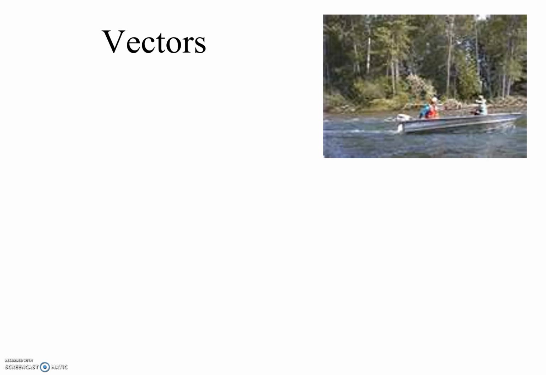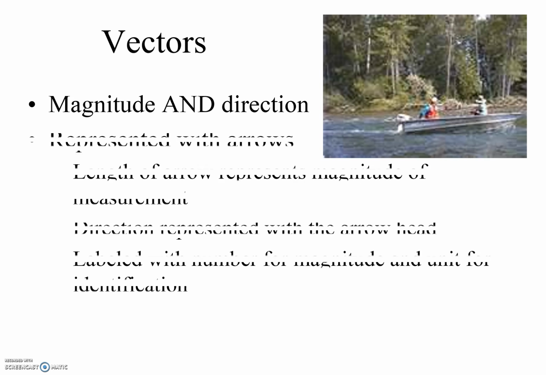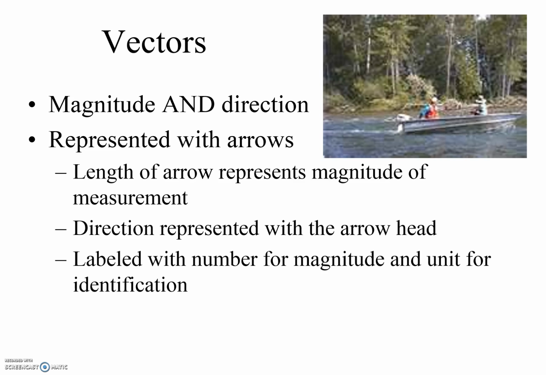Vector measurements have a little more information. They have a magnitude and a direction. They're represented with arrows. The length of the arrow represents the magnitude of the measurement.